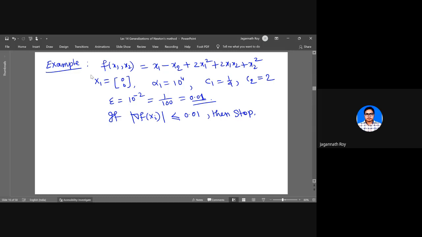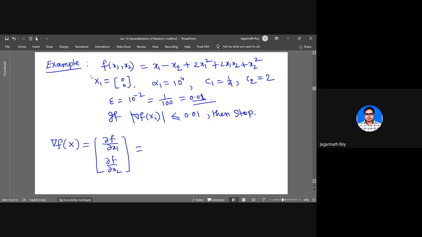So the first task is to find the gradient of f at x1. So this is del f del x1, del f del x2.